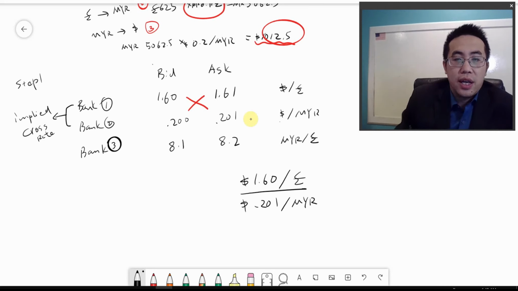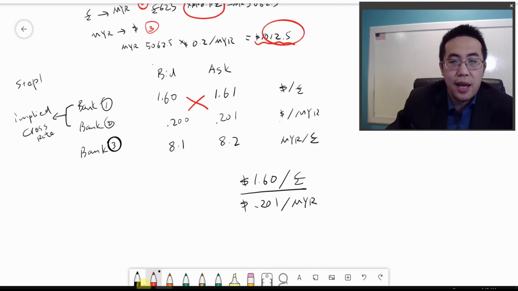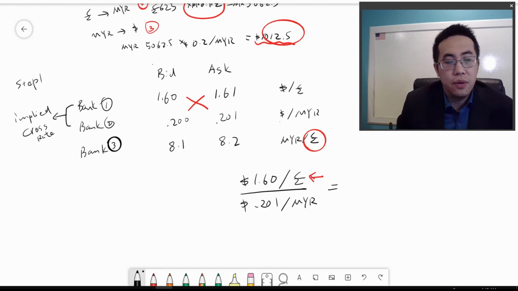So since you are getting the Malaysian ringgit per pound, it is the pound that should be on the top of the fractional line. Okay, so this is a pound, so the pound price should be put here, and then this will give you 7.96 Malaysian ringgit per pound.